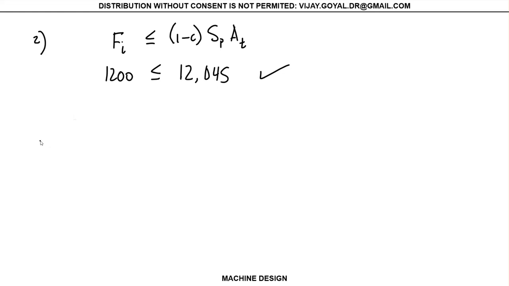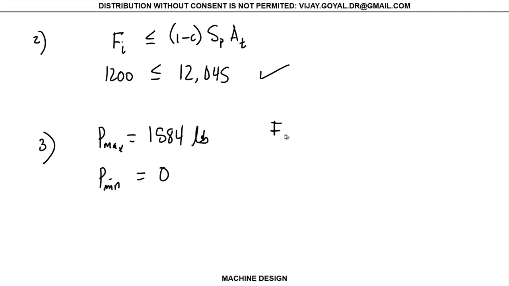Your P max is equal to 1584. We found that in the previous problem. Your P minimum is going to start at a position when no P is applied. Then from here, you find what your F max is for the bolt and your F minimum for the bolt, and this is what you will use for analysis.